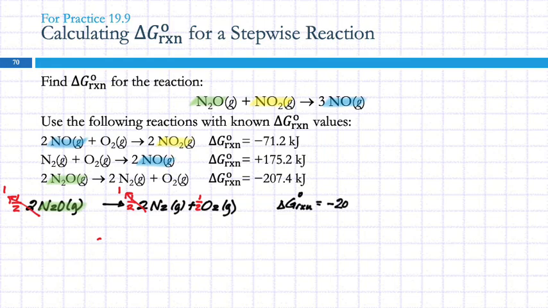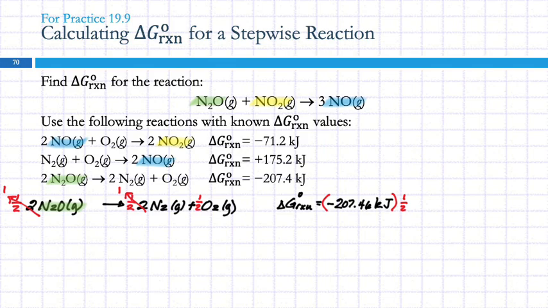So it was negative 207.4 kilojoules. I multiplied the equation by 1/2. So what do I do to delta G? Multiply it by 1/2. Because the free energy change will be half as large if half as much stuff is reacting.